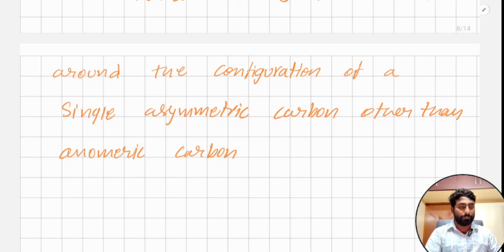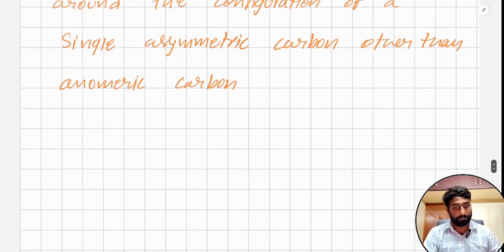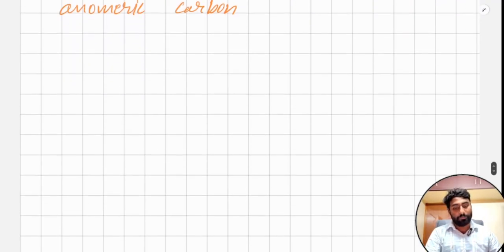We will see the example. What is the anomeric carbon in glucose? Yes, C1 is the anomeric carbon. What is the anomeric carbon in fructose? Yes, C2 is the anomeric carbon.